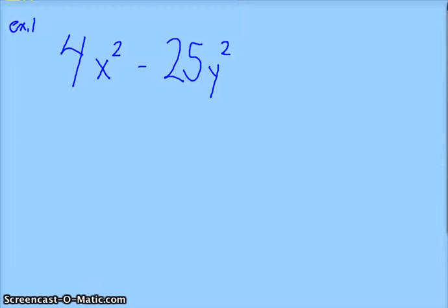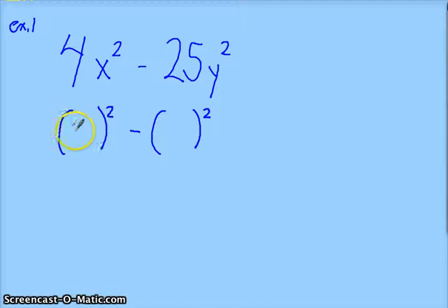So I've got a 4 and a 25. Here's x squared, here's y squared. One way to think about this is to think about if I can get the difference of squares. So maybe if we can rewrite this as something squared minus something squared, it will help us.